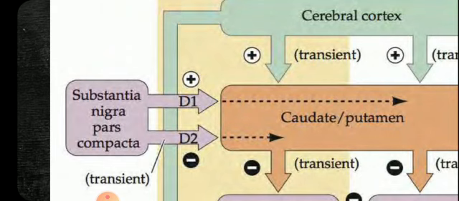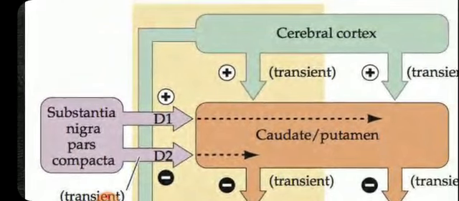Exactly where? On the striatum, isn't it? What is the striatum? The caudate and the putamen put together, isn't it? This orange one. So you can see that for both the direct pathway and the indirect pathway, the fibers coming from the cerebral cortex come first to the striatum.